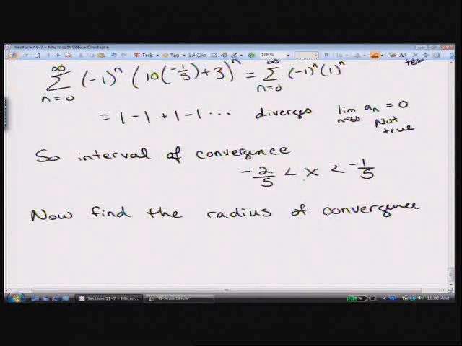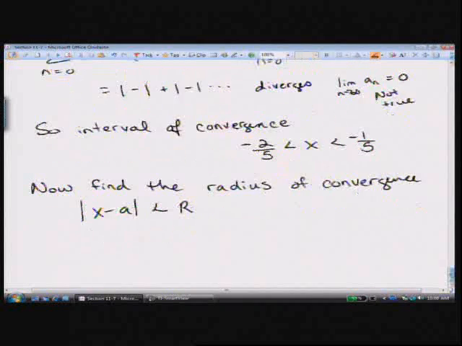The 4 examples that we looked at earlier were all centered around 0, but this one's not. And so you want to look at this |x minus a| is less than r. So you want to figure out what this r is. And it's going to be from where you are at the x, you add the same amount on either side. So we just want to compute half the distance.